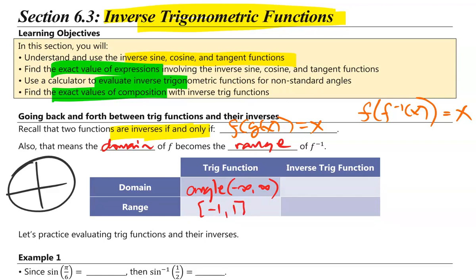And now for the inverse function, it's like switching x and y. So the domain is now from negative 1 to positive 1. And the range is the angles.